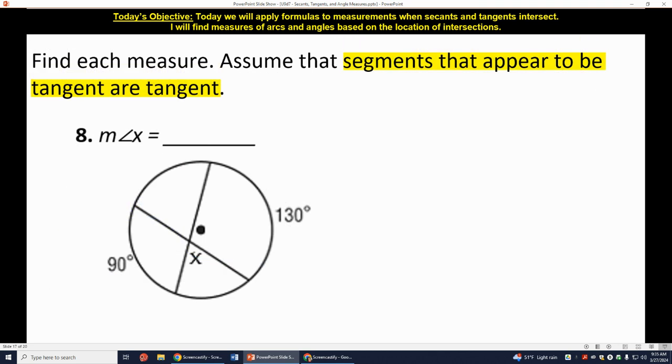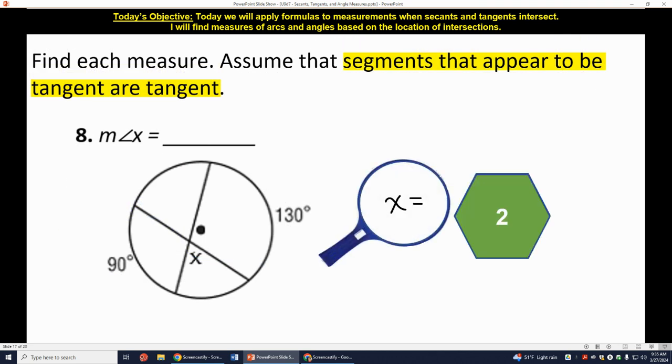Let's look at number 8. Number 8, find the measure of angle x. You have 2 minutes. 1 minute remaining.